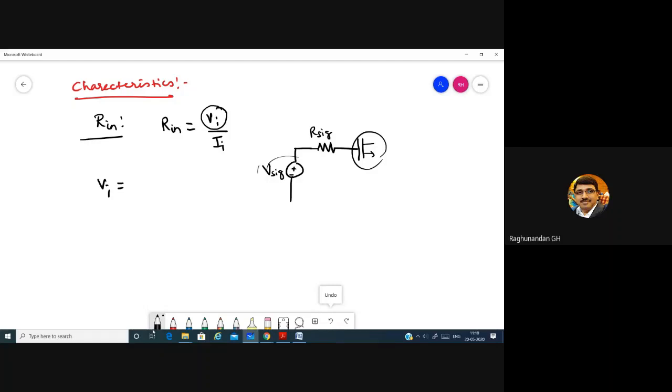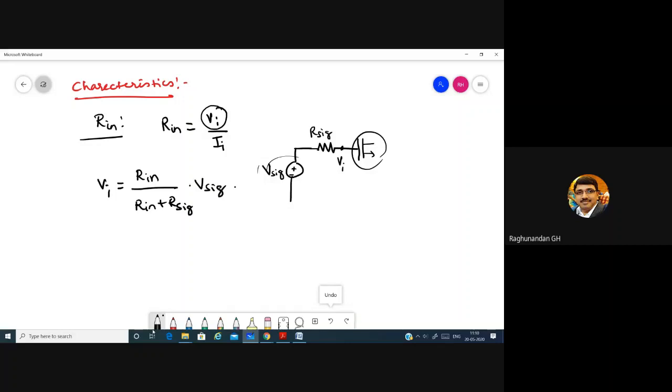Now here we cannot take Vi as Vsig directly. Vi is what actually enters at this particular terminal, because since you have a resistance here, some amount of voltage drop will be experienced at Rsig. So the voltage here is considered the actual input Vi. In order to find this Vi, we have the formula Vi = Rin / (Rin + Rsig) × Vsig.